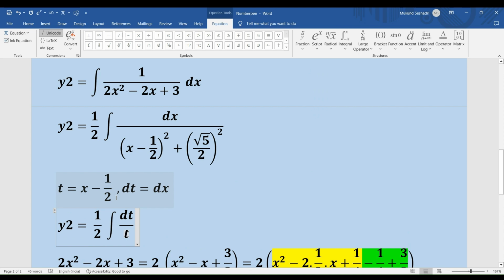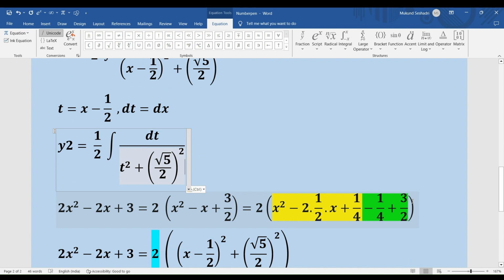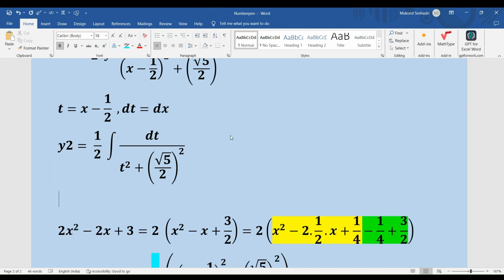So my first part of the denominator becomes a t square, and then my second part remains as it is, and therefore what you have right now is an integral of the type dx by x square plus a square, just that in place of x you have a t. And the way to solve this is not very complicated. We use trigonometric substitution to solve this.